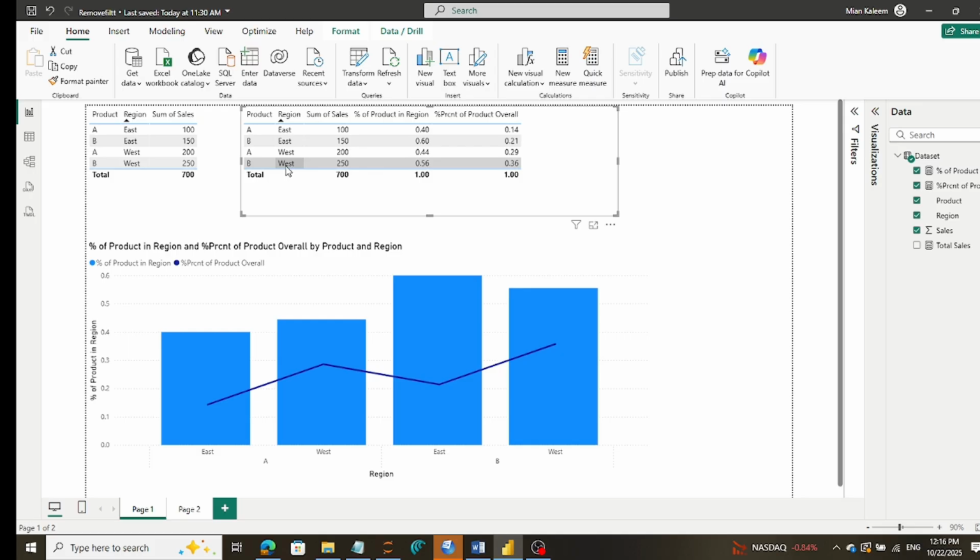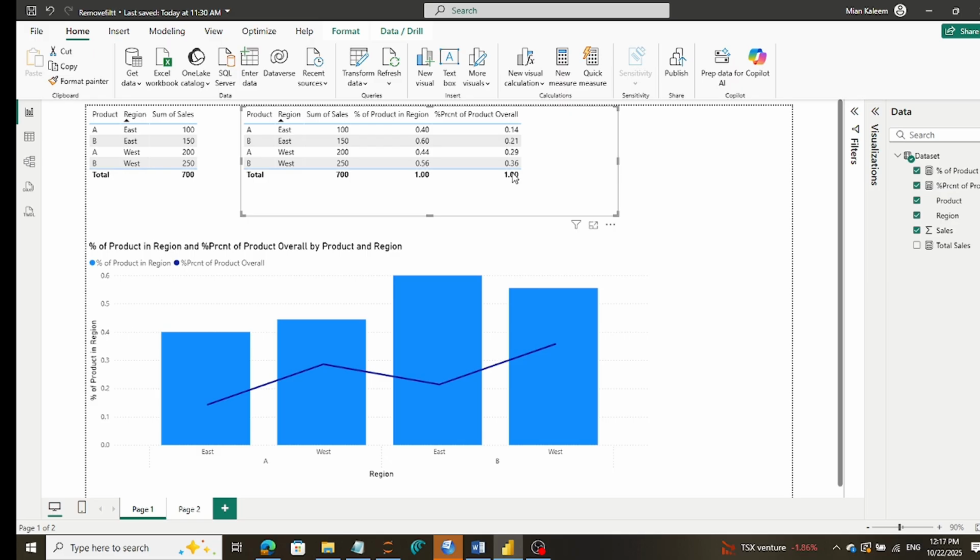But they also want to know what is product A's sold percentage of total sales combined across all regions. For example, total sales is 700. So 100 divided by 700, we have approximately 14%.